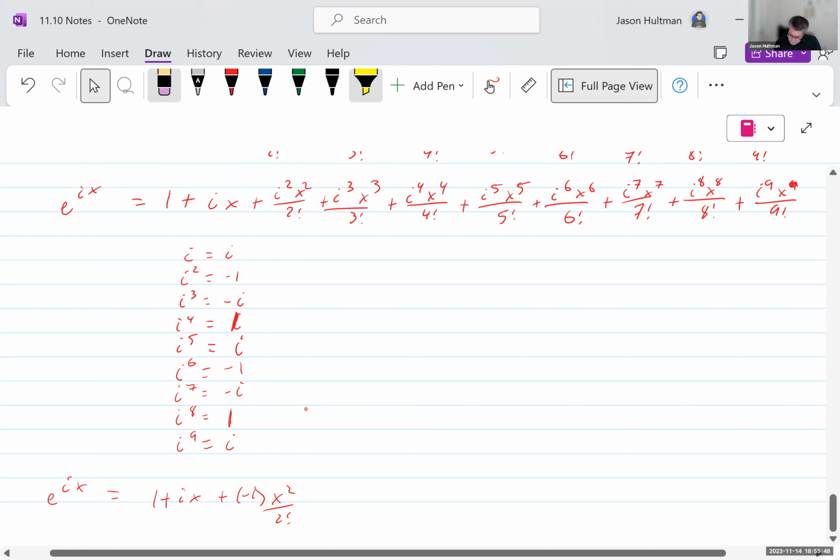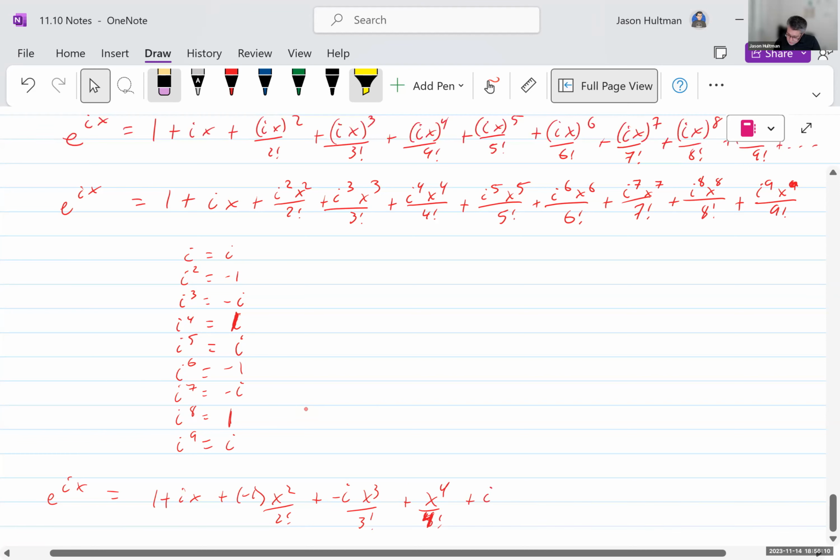And then plus i cubed, which is -i, times x cubed over 3 factorial, plus i to the 4th, which is just 1, so that's x to the 4th over 4 factorial. And then plus i to the 5th, which is i, times x to the 5th over 5 factorial.